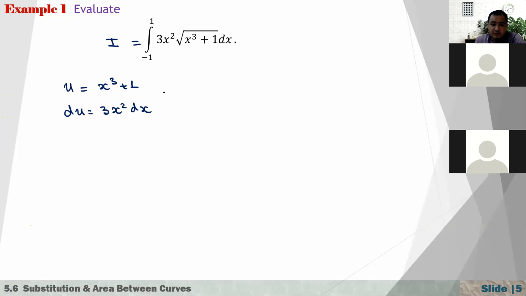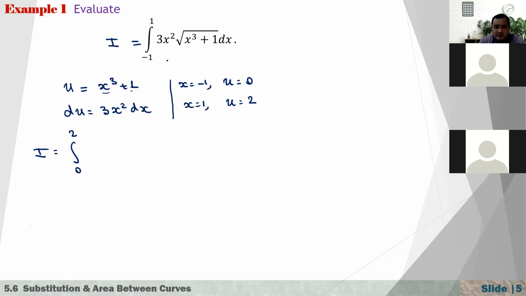How about the integration limits? If u is equal to x cubed plus 1, and x equals -1, then u is (-1) cubed plus 1, which is 0. If x is equal to 1, then u is 1 cubed plus 1, which is 2. So our I becomes the integral where u is changing from 0 to 2.